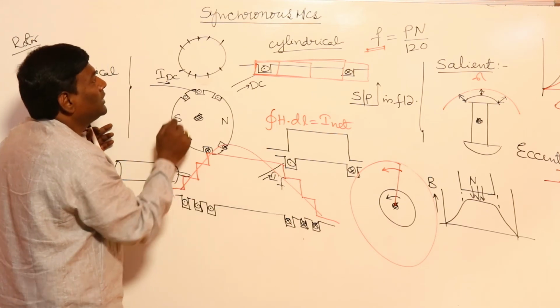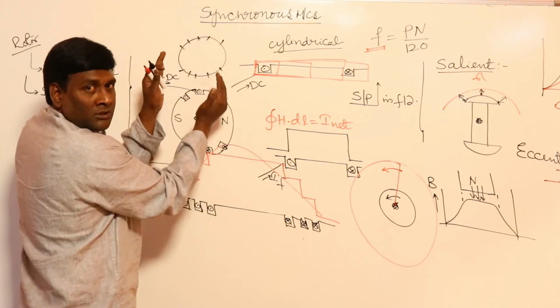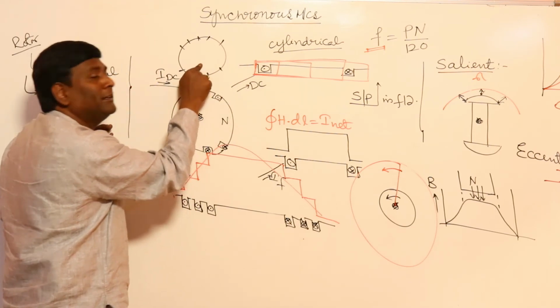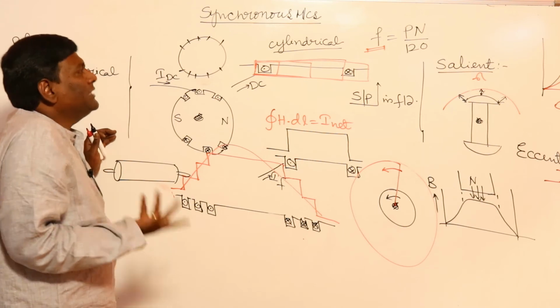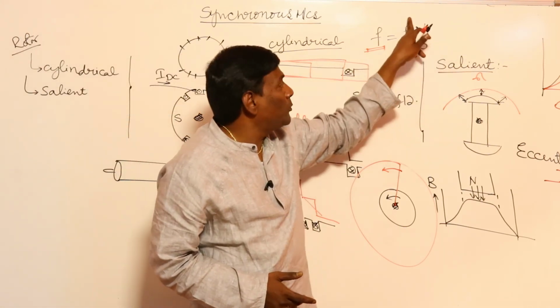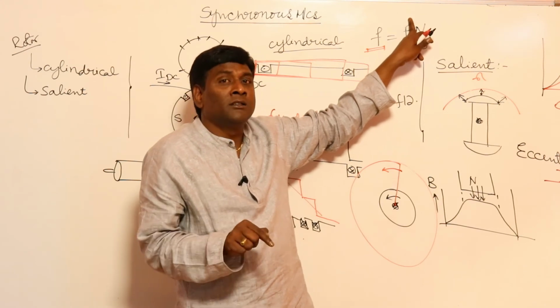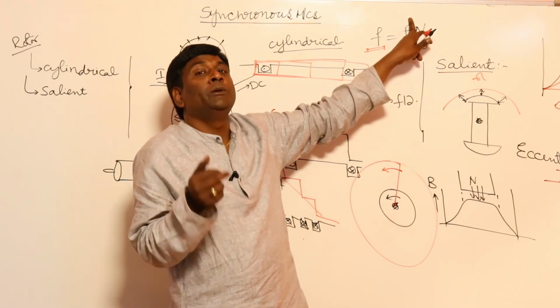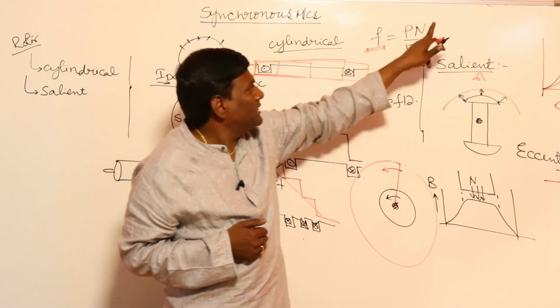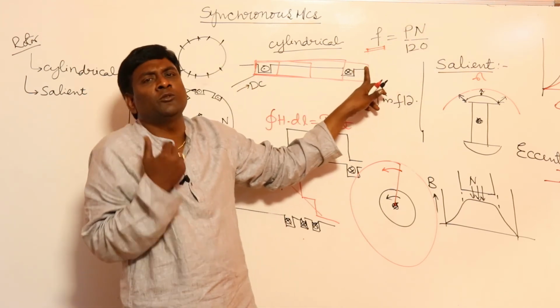So diameter is less, slots per pole should be more, so the number of poles that can be incorporated in a cylindrical rotor is less. That is okay for us because the cylindrical rotor is rotating at very high speeds. So this is more, this is less, the given frequency we can achieve, problem solved.